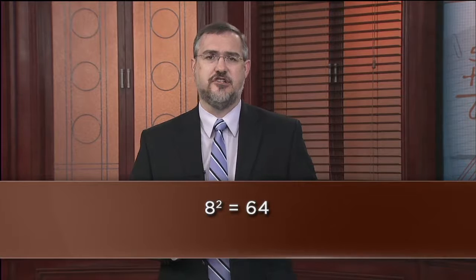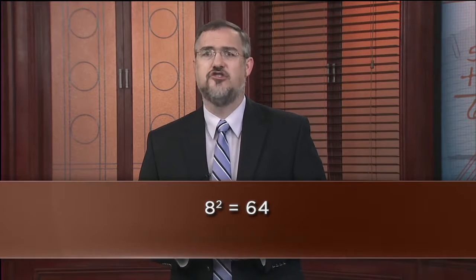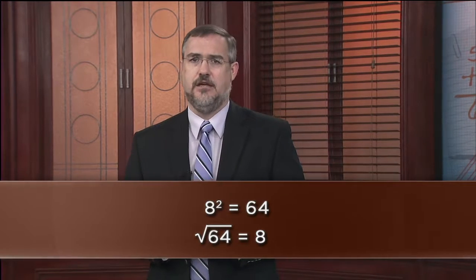And since I know that 8 squared equals 64, I also know that the square root of 64 equals 8. Do you see the inverse relationship here between squaring a number on the one hand and taking the square root of a number on the other? They basically undo one another in the examples that I just gave you. And in that sense, they're sort of like addition and subtraction being the inverses of one another, and multiplication and division being the inverses as well.